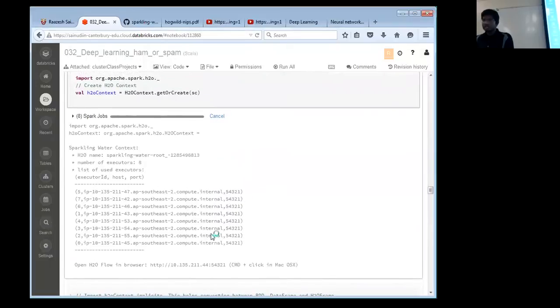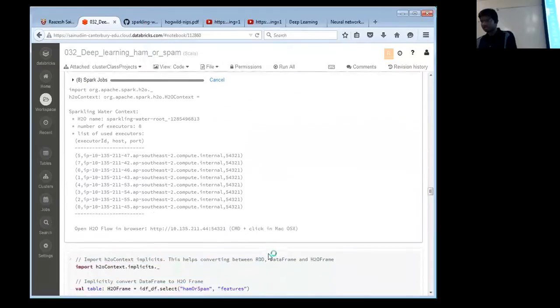While it's running, I tried logging in using the browser to go to this URL, but it doesn't work because this particular port needs to be unblocked in AWS. Otherwise it won't work.